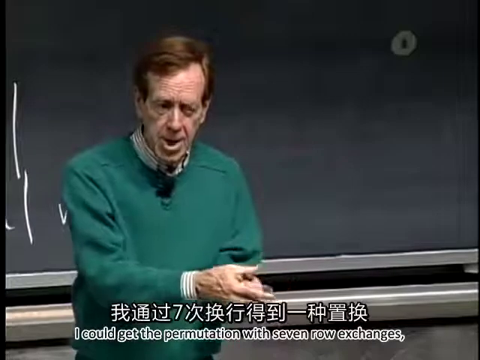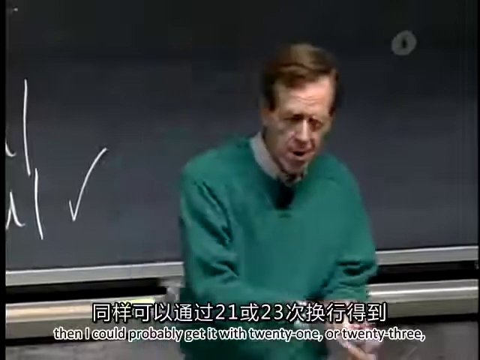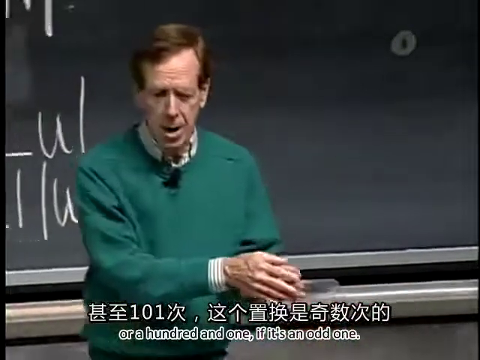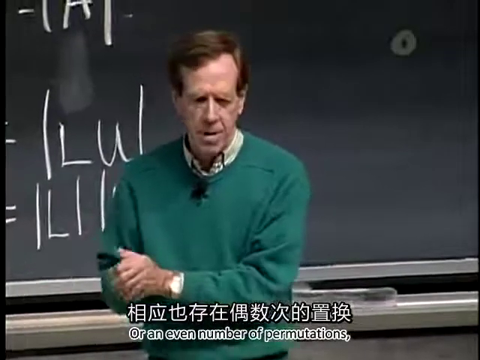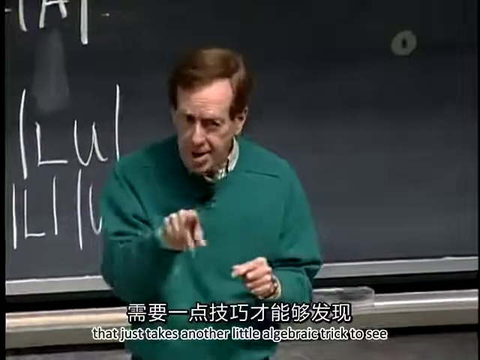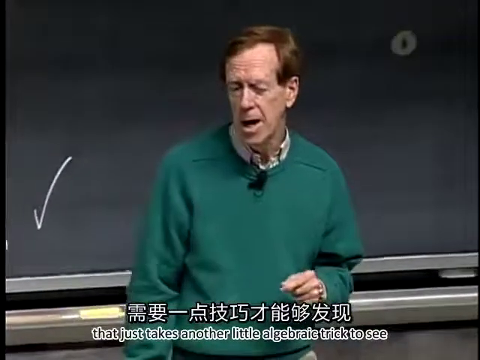If I could get the permutation with 7 row exchanges, then I could probably get it with 21 or 23 or 101, if it's an odd one, or an even number of exchanges. But that's the key fact that takes another little algebraic trick to see.